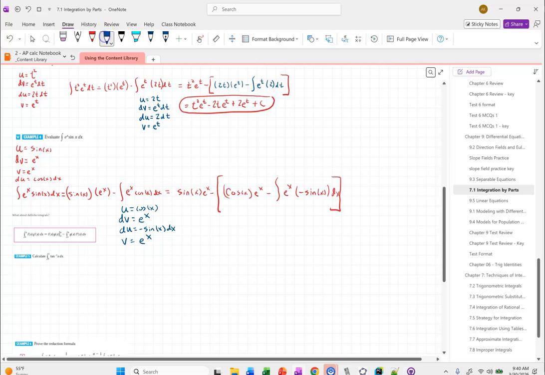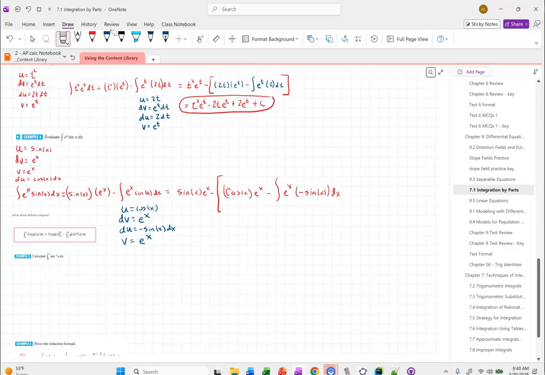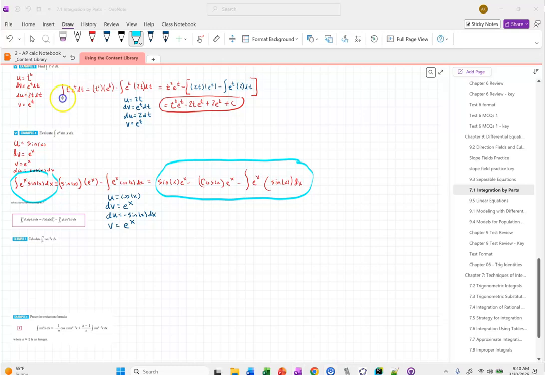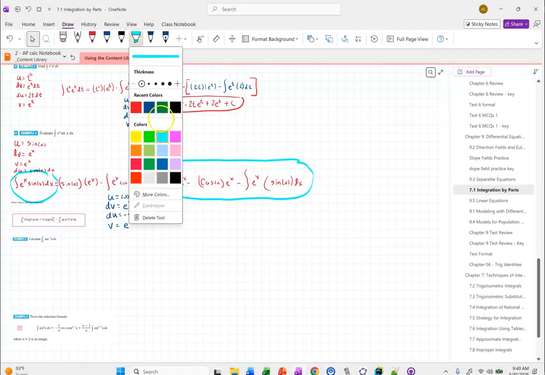All right, I'm going to distribute this negative sign through, and that's going to nix that guy. So this is what we have. Take a look at this, and take a look at what we started with. Did you guys notice?